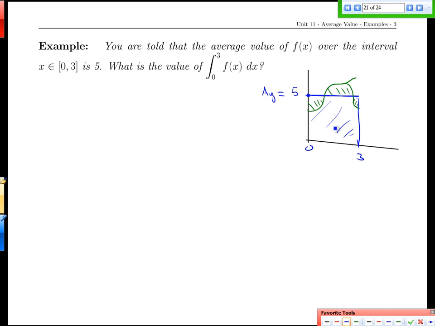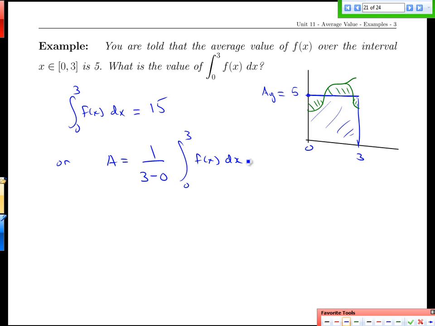Well, what does that tell us? The integral from 0 to 3 of f of x dx has to equal the area underneath this graph. So some people might just see it and call it 15. Or we could work backwards and use our average value here and say that the average is 1 over 3 minus 0, the integral from 0 to 3 of f of x dx.